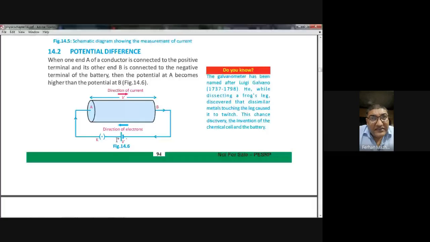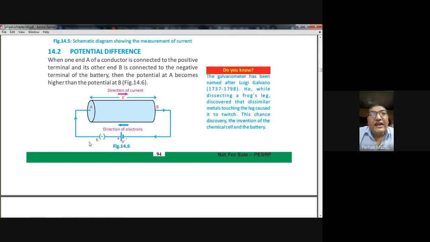So when the charges come out of this positive terminal, they have energy in them, because the cell or the battery has provided those charges with the energy.